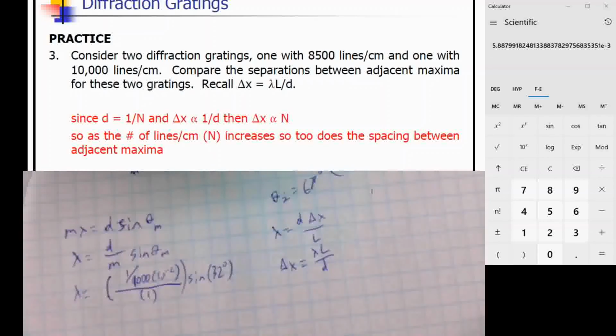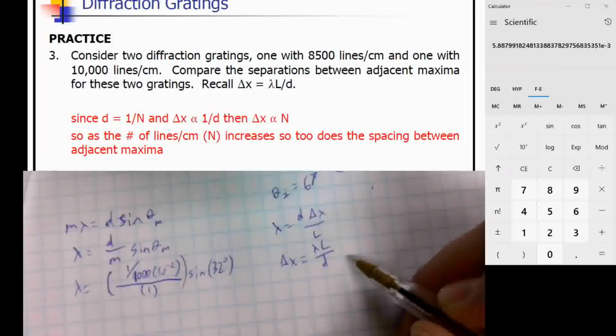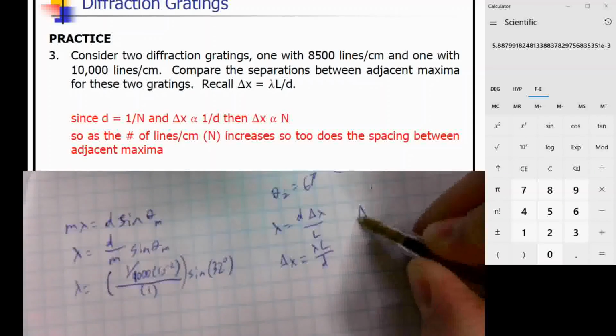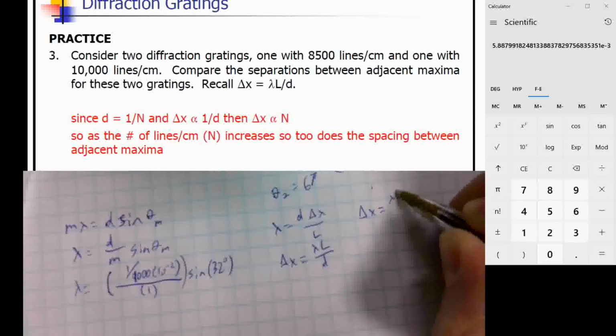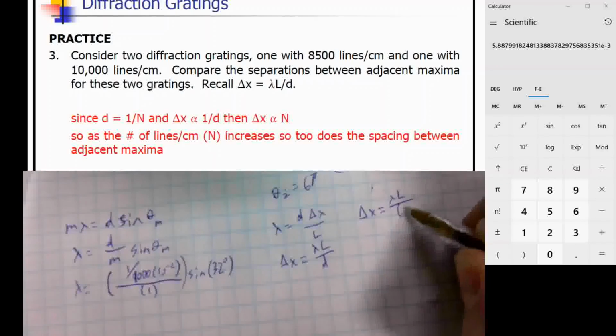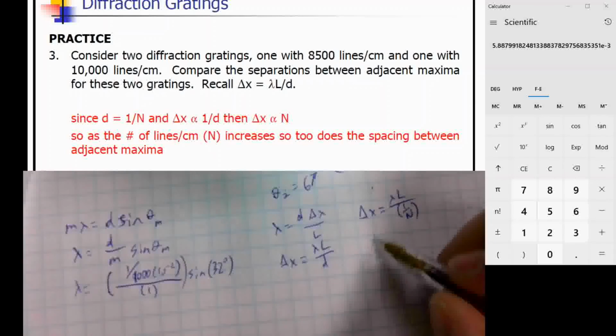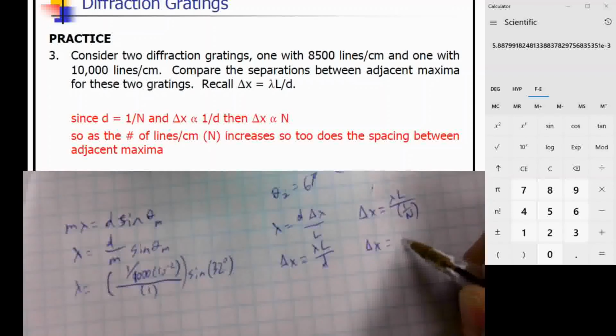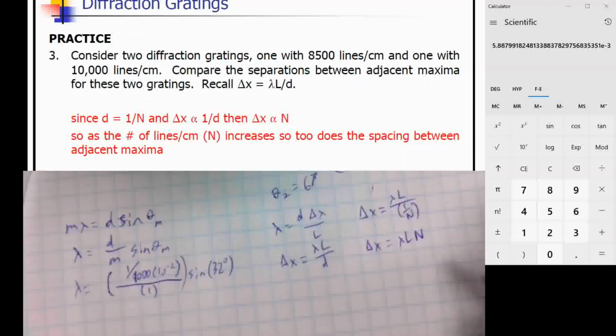Now, our d, for comparing these two, is 1 over n in both cases. So let's write this in terms of n. It's L lambda n. So in one case, we're going to have this n value being 8,500 centimeters.